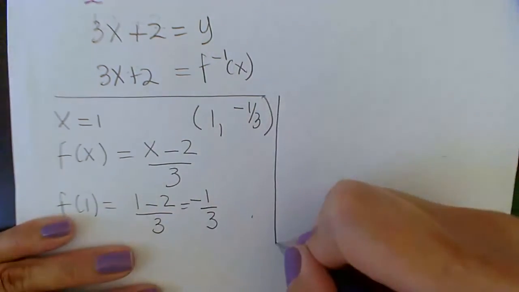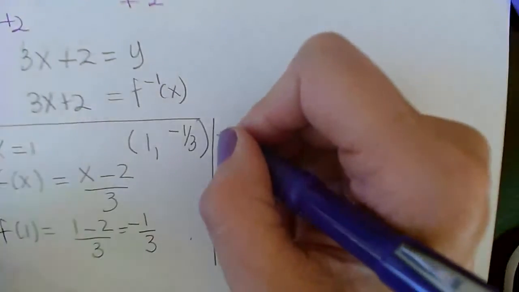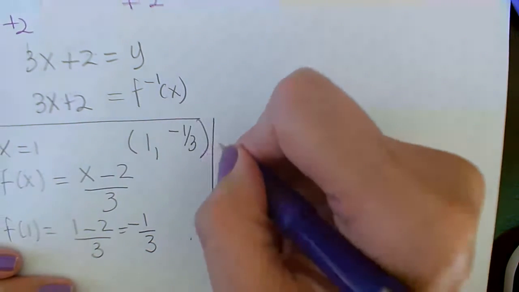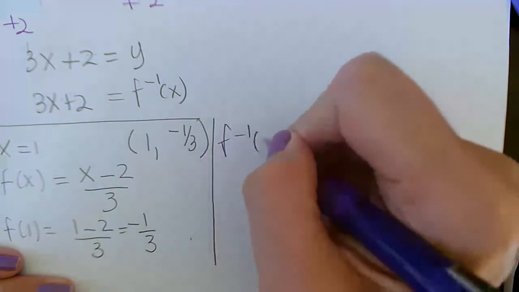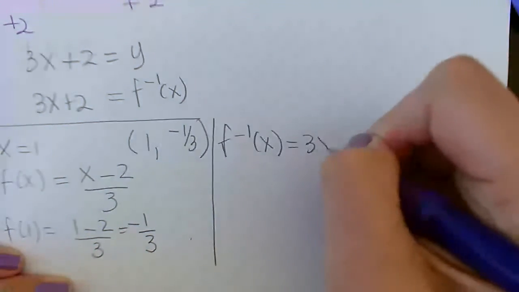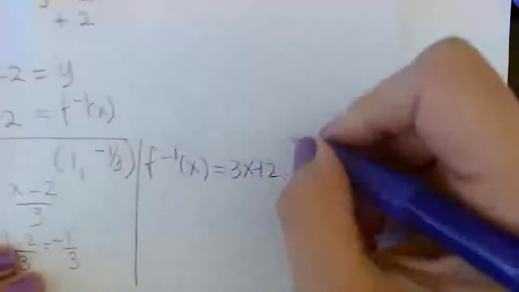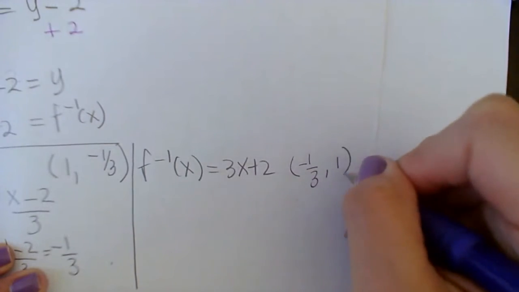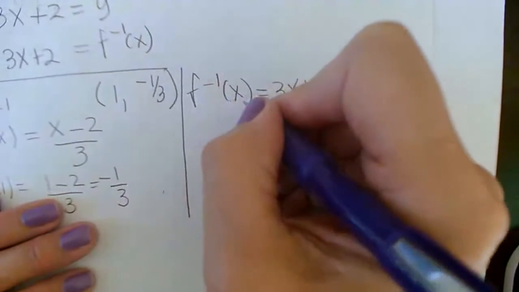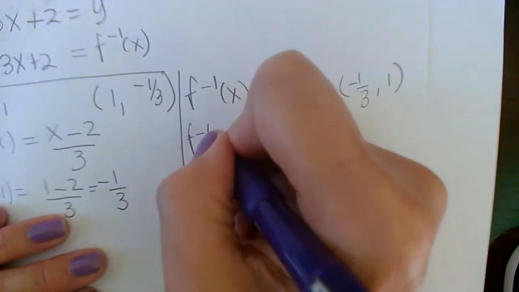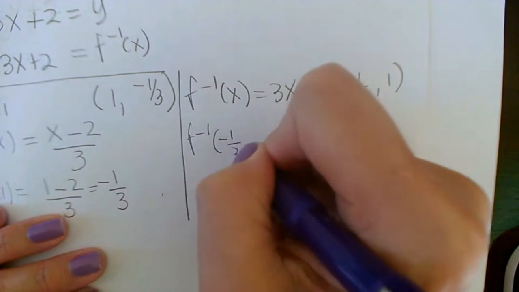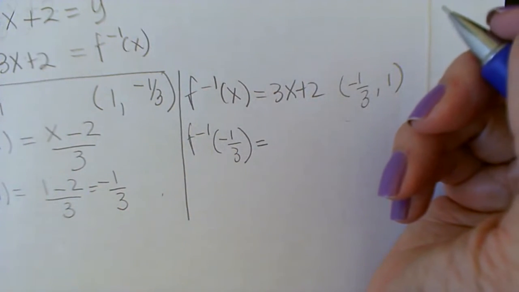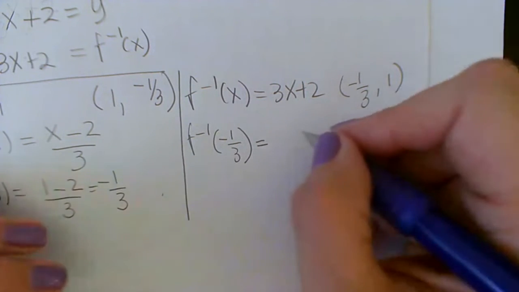Now that I have this, if it's the inverse, when I substitute into the, hold on, let me interchange. This is 1 over 3 comma 1. So when x is equal to negative 1 over 3, that's how I'm going to try it.